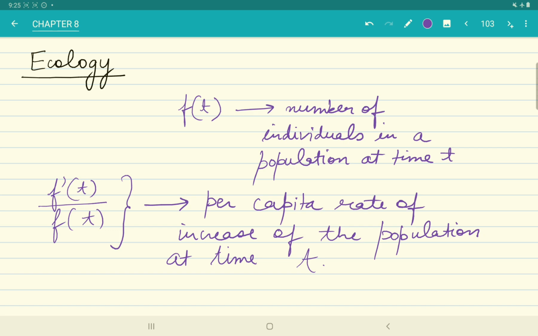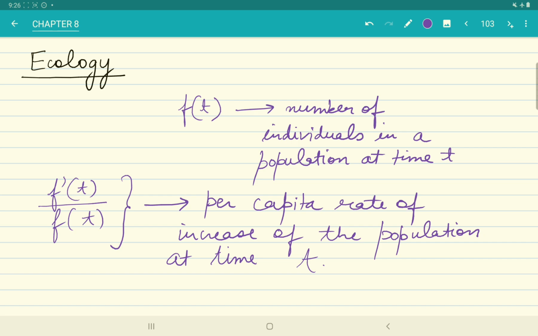And even if I'm thinking of the polar bears of the Arctic, obviously I'm concerned about no immigration and no emigration, and that means individuals are not coming in and individuals are also not going out. So if that is the case, then the per capita rate of increase of the population would be equal to the difference between the per capita birth rate and the per capita death rate, because we are not concerned about individuals moving in and out of the population.